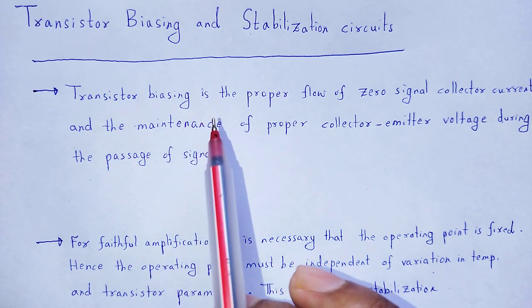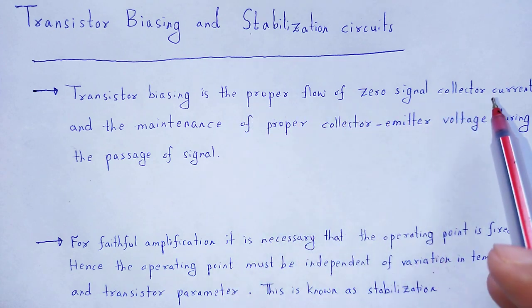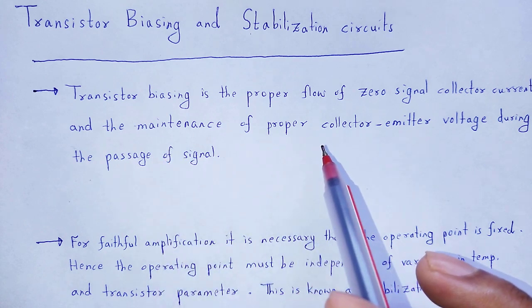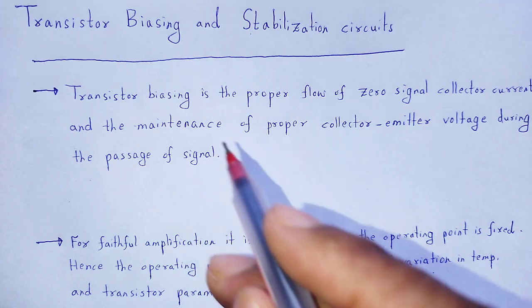Transistor biasing is the proper flow of zero signal collector current and the maintenance of proper collector emitter voltage during the passage of signal.